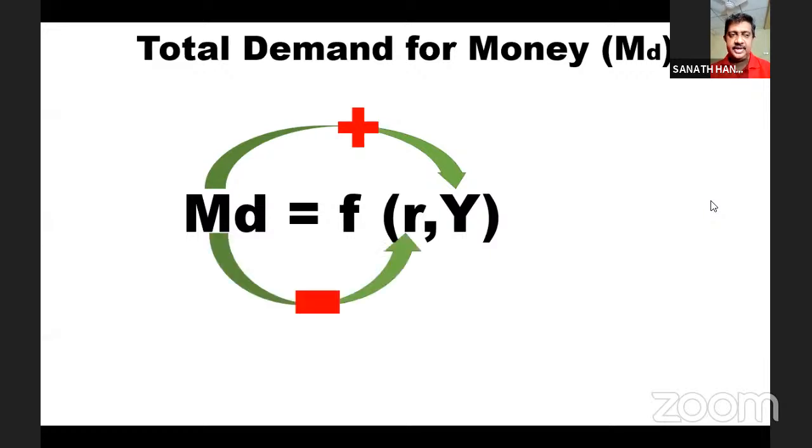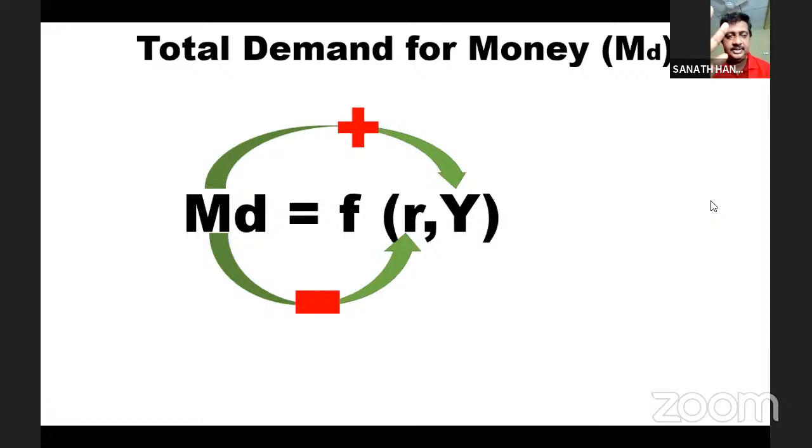But interest rate and money demand has a negative relationship. Why? Because when the interest rate is comparatively low, people do not invest their money. So interest rate and money demand has a negative relationship. This figure is very important.